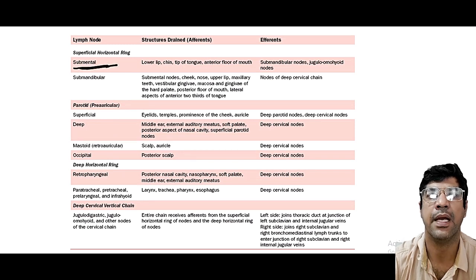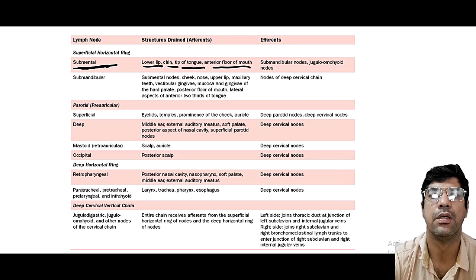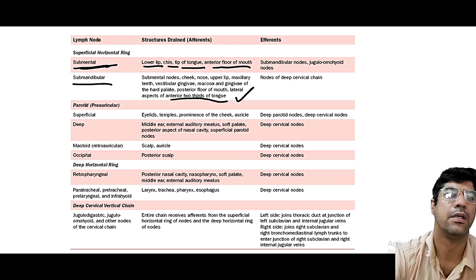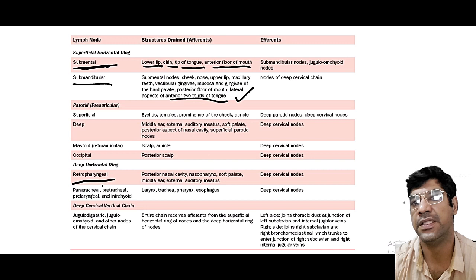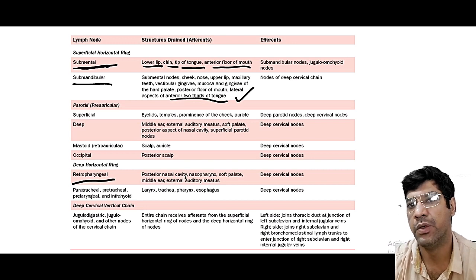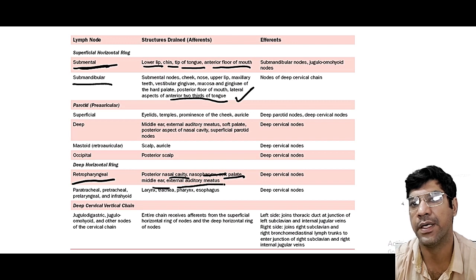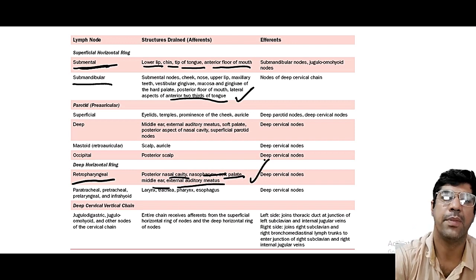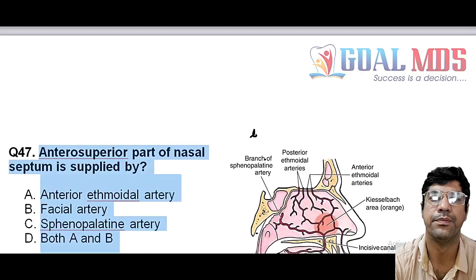The submental nodes drain the lower lip, chin, tip of tongue, anterior floor of mouth. The submandibular nodes drain the cheek, nose, upper lip, maxillary teeth, vestibular gingiva, anterior two-thirds of the tongue. And the retropharyngeal lymph nodes drain the nasal cavity, nasopharynx, soft palate, middle ear, external auditory meatus. So remember this for your exam point of view.